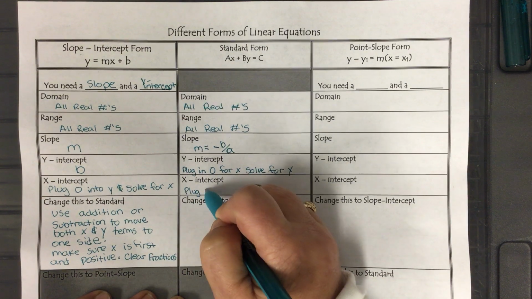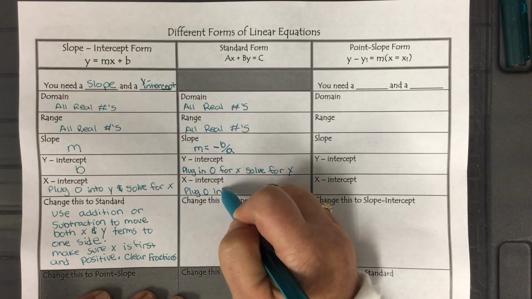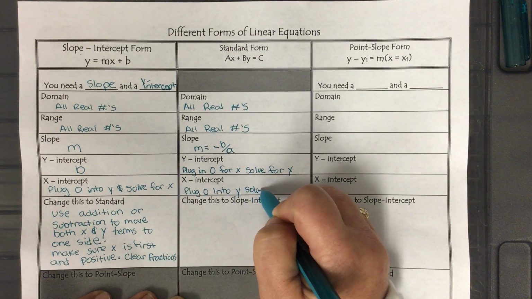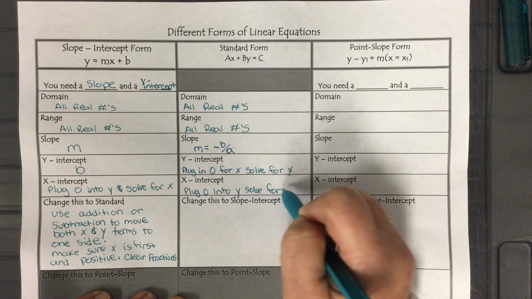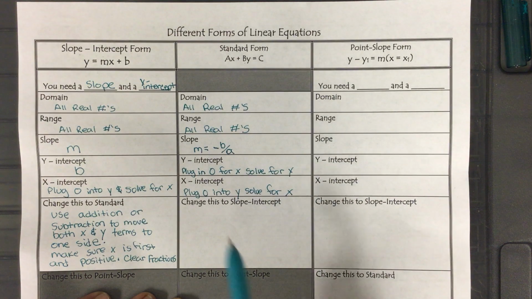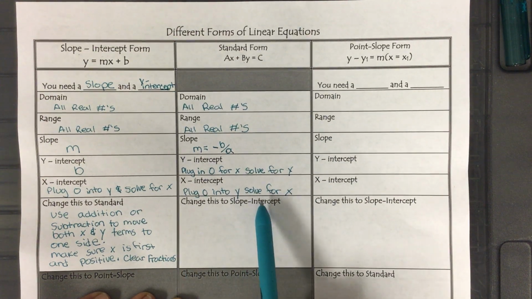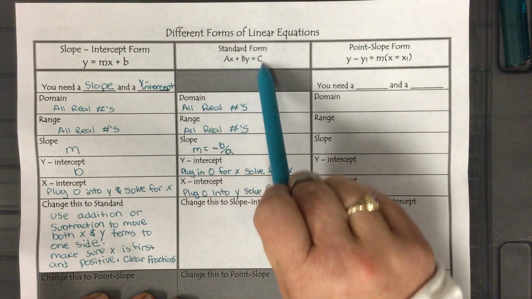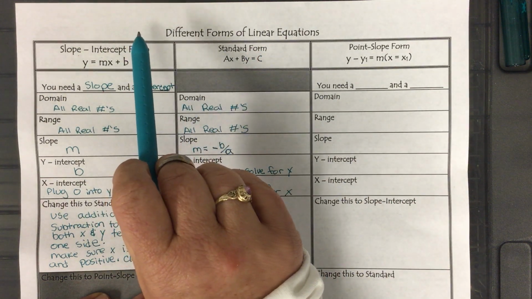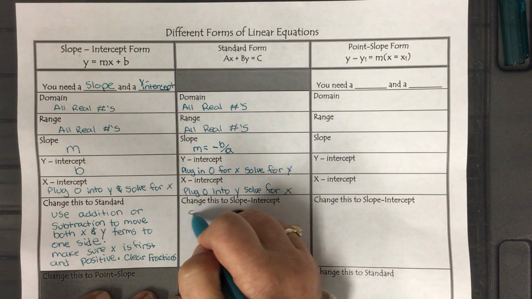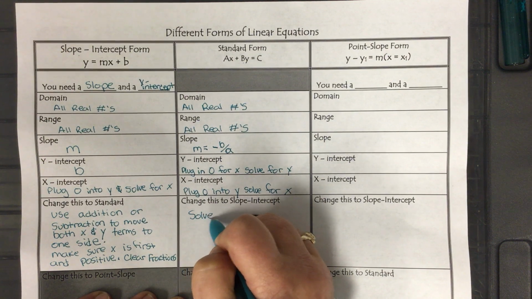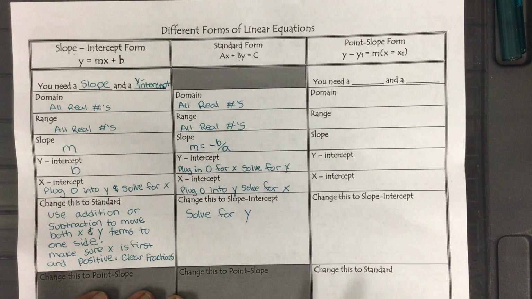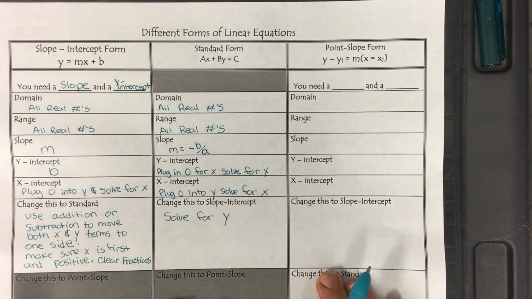Plug 0 into y and solve for x. Okay? Now to change it to slope-intercept form. If I have this form and I need to go back to this form, okay, all you do is you solve for y. And we practiced that at the beginning of this unit.